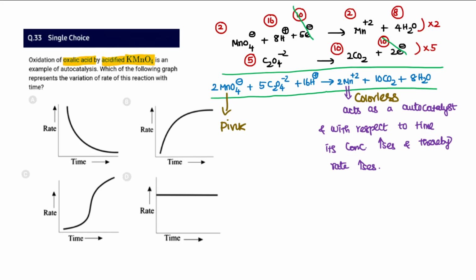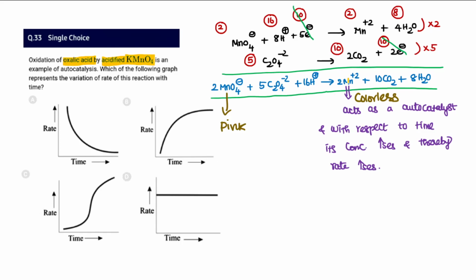Apart from that, there is another way the reaction is getting speeded up. One way is, as I told you, increasing the temperature so that it meets the activation energy needed for the reaction. The second way is that one of the products produced upon combination of KMnO4 and oxalic acid is going to act as a catalyst.